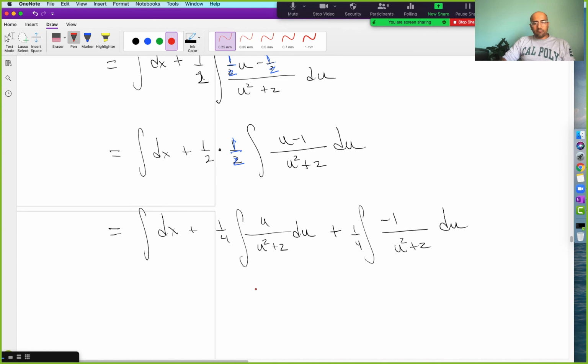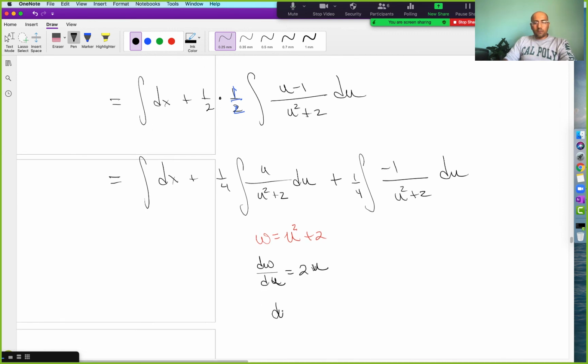So let's say we let w equal u squared plus 2, and therefore our dw du is going to be 2u.